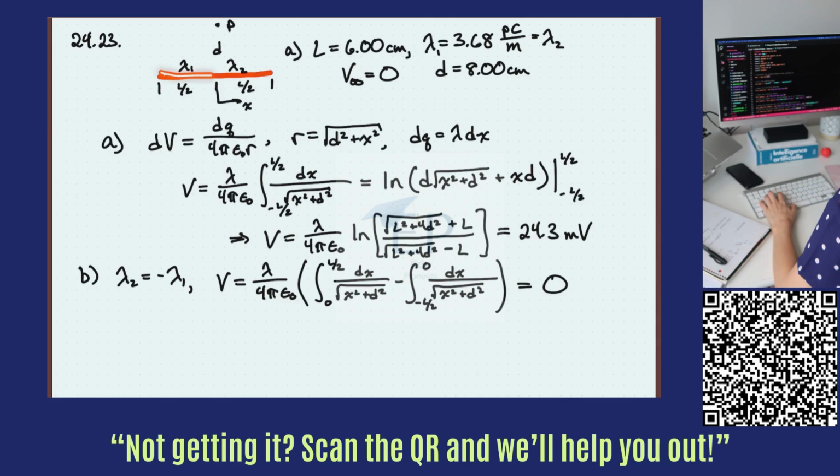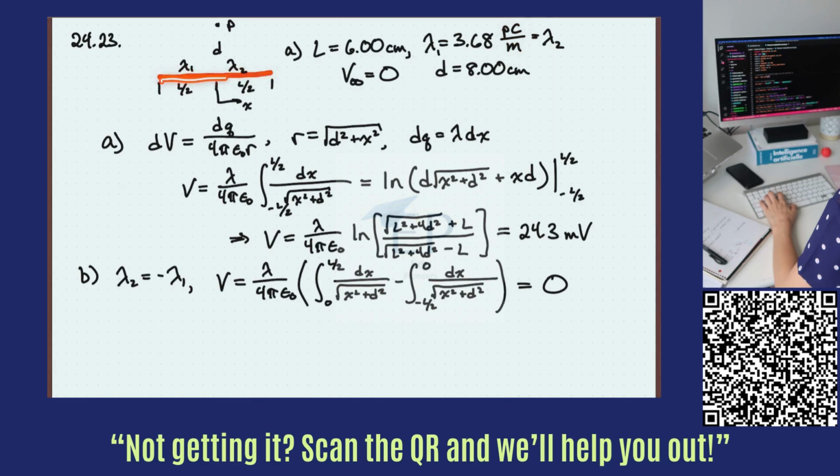One case when there's uniform positive charge along all of this, and then one case when one half is positive charge and the other half is negative charge. In both cases, the bar is 6 centimeters long, and the charge density is 3.68 picocoulombs per meter. So that's the charge density along here.